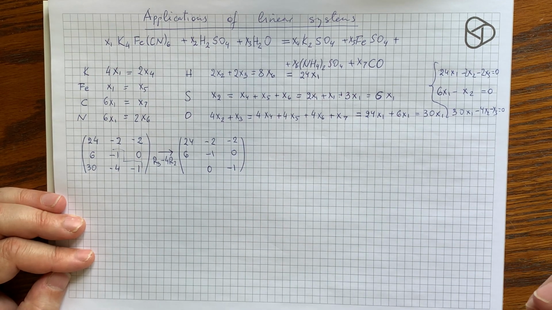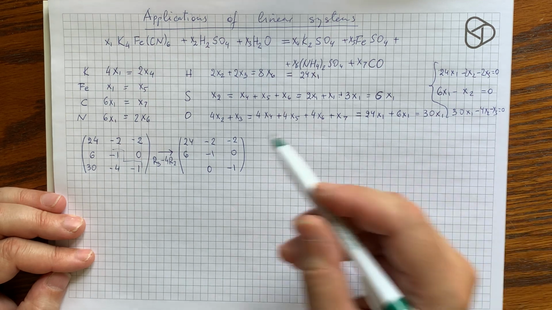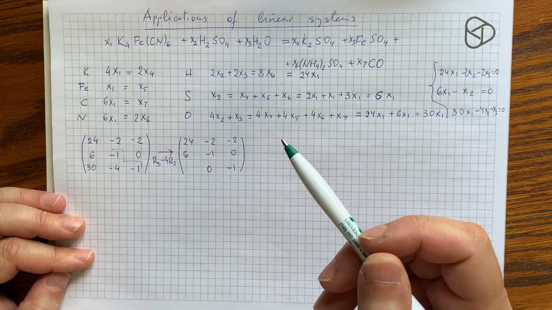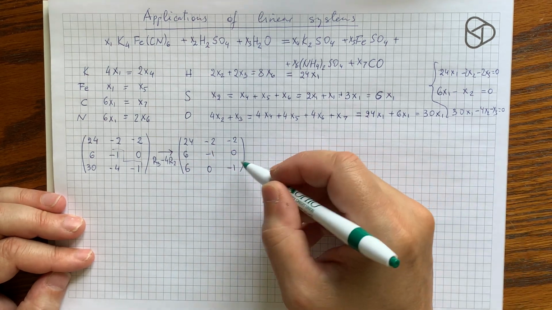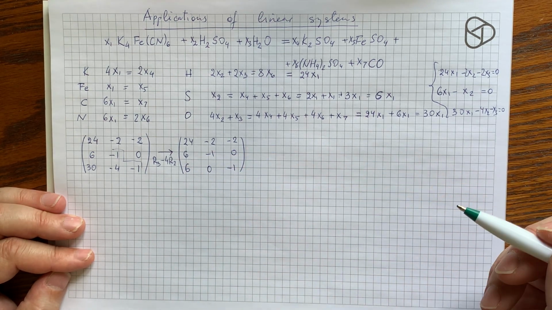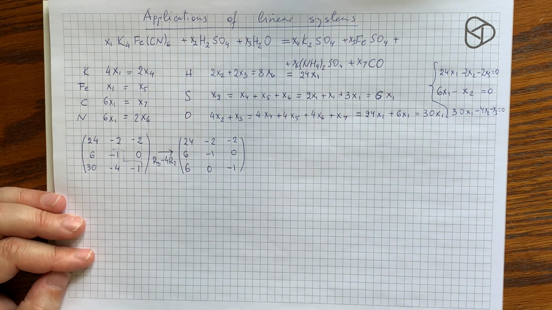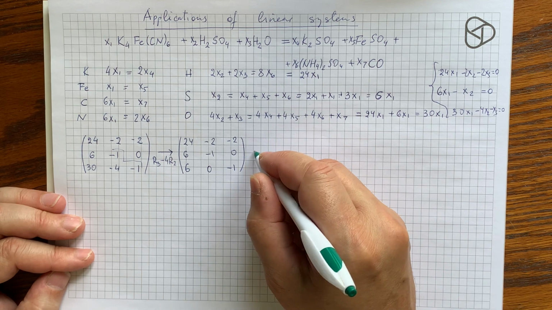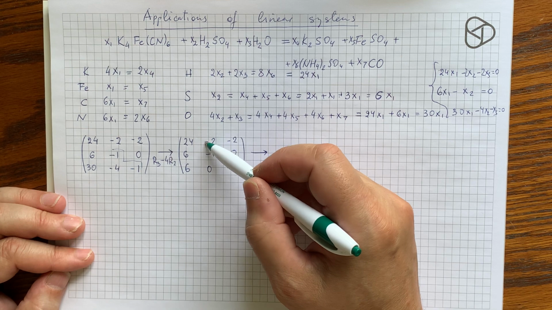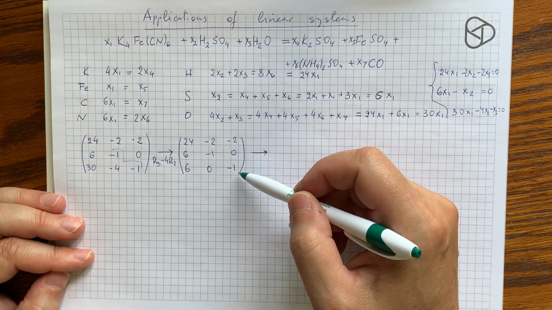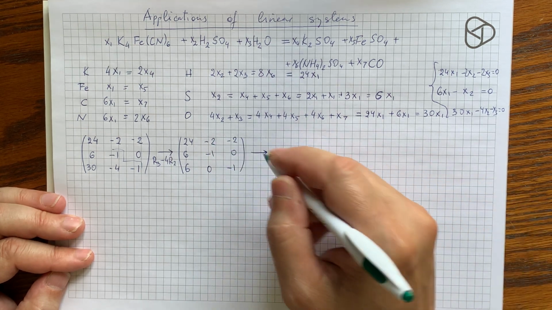I will not change my first pivot in here, and then I will be subtracting from 30 4 copies of 6, so 24. I'll have 6 left. Now I have just pivots isolated in the equations and then a free variable, so that is already the signal that if the system is compatible, we will have x1 as the only pivot. All I need to do now is to eliminate these non-zero numbers in the pivotal columns, number 2 and 3.